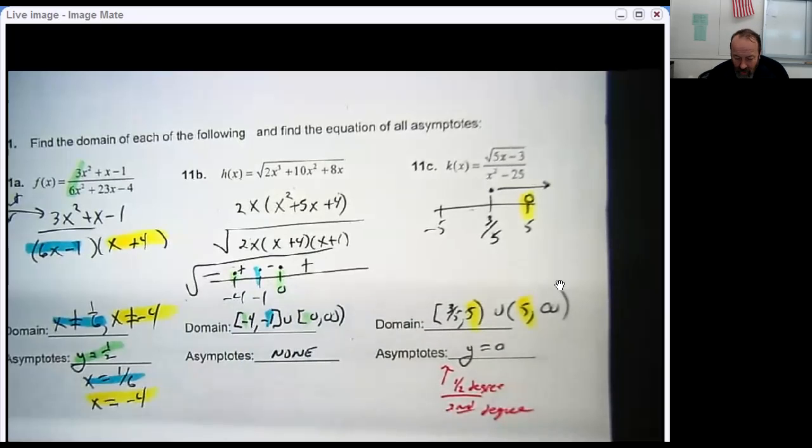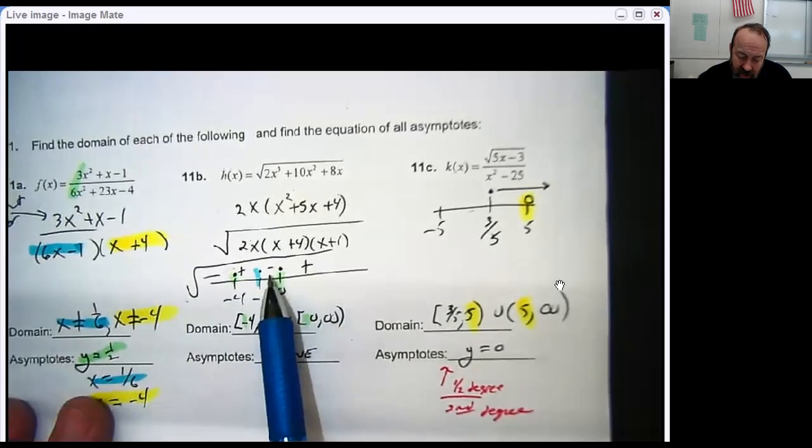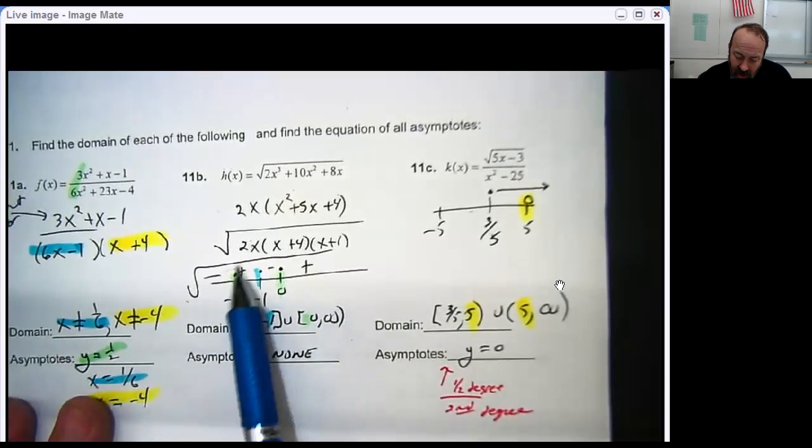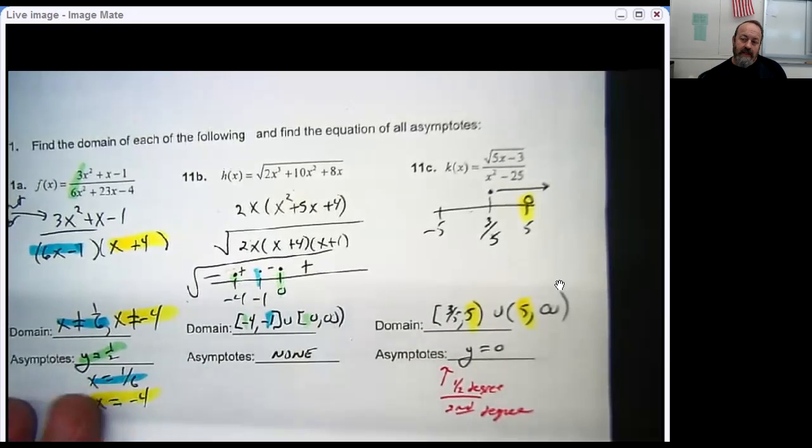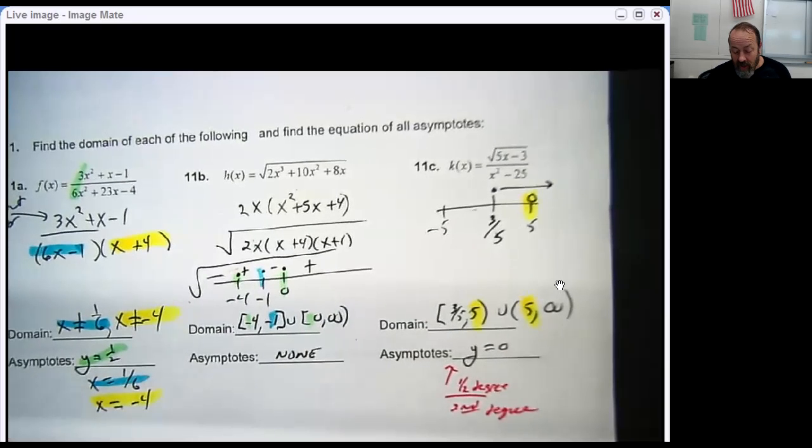I just noticed that the places I do not want to be is where the answer is negative. So it's okay to take a root between -4 and 1, and it's okay to take a root of anything 0 to positive. And there are no asymptotes because this problem doesn't ever divide by 0, so we don't have a rational equation.